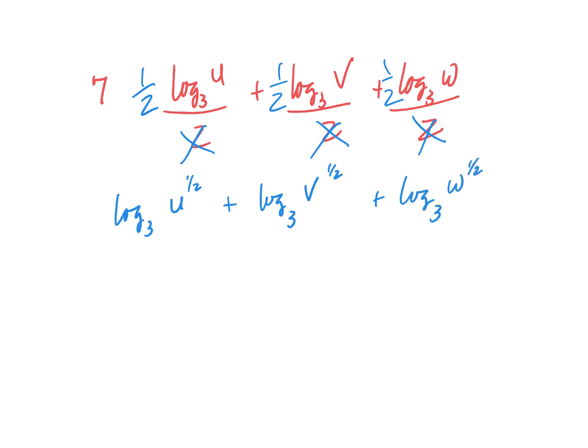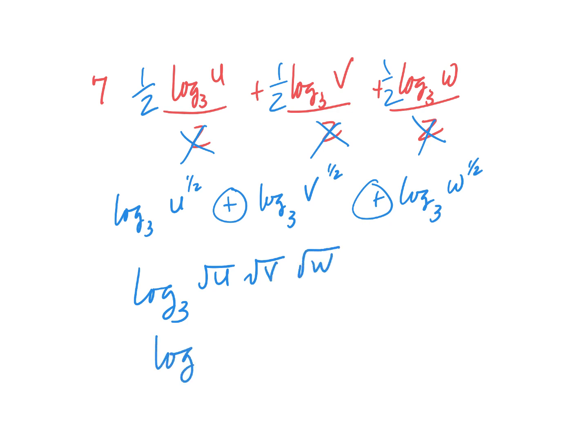Well, an exponent of 1/2 is the same as square root. And plus reduces, condenses, condensing means we're making it smaller, to multiplication. So that now we go to 1 log base 3, and we have the square root of u, the square root of v, the square root of w, which I would write as log base 3 of the square root of u, v, w.